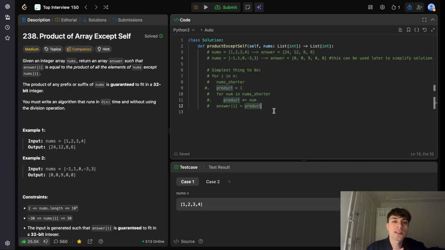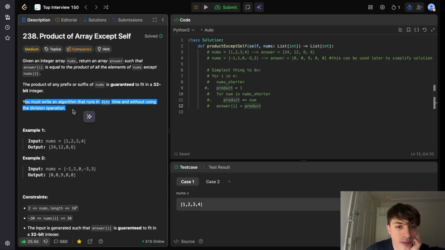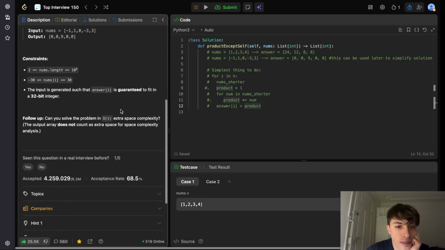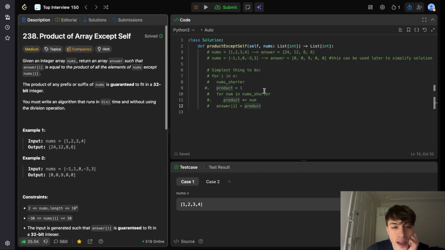Okay, so let's try to think about another way to approach this problem. You must write an algorithm that runs in O(n) time and without using the division operator. Okay, this is important. I don't know why this is important actually, but we may use that.